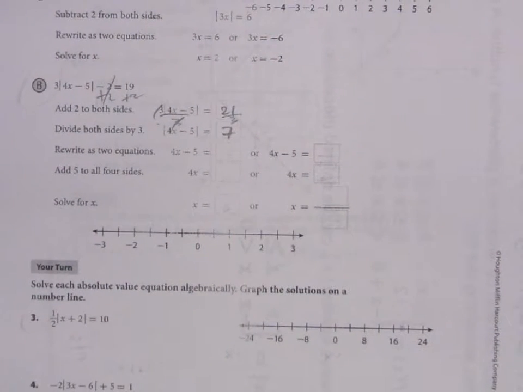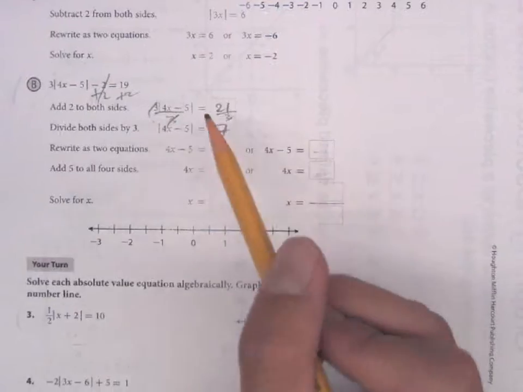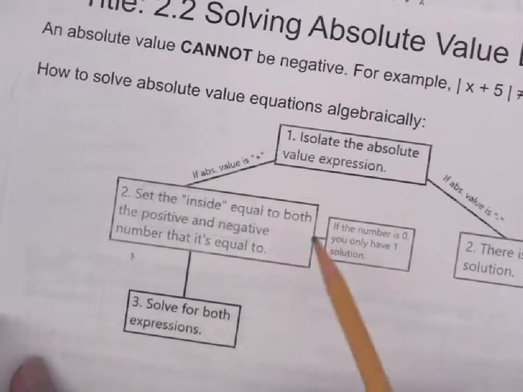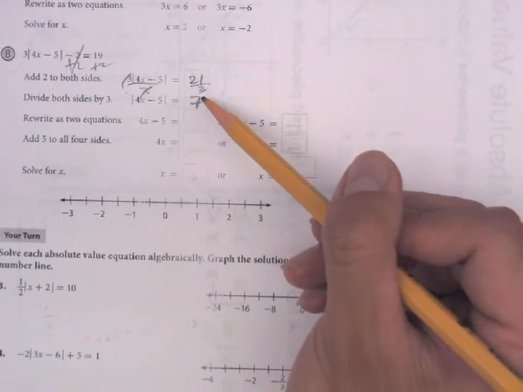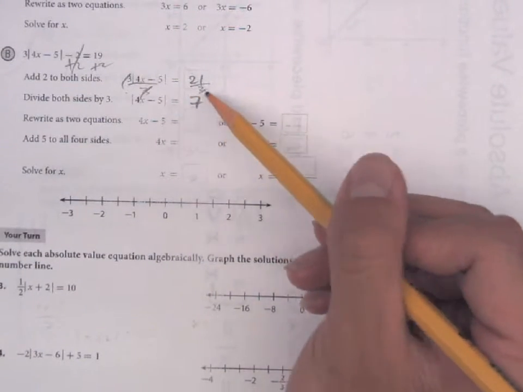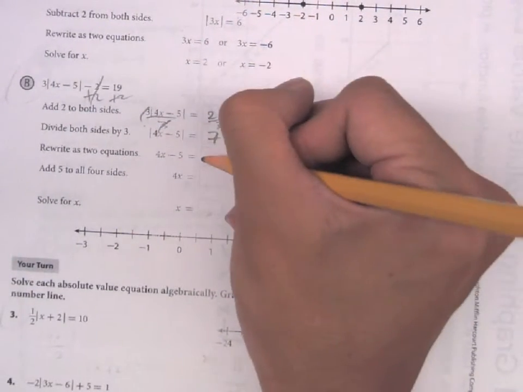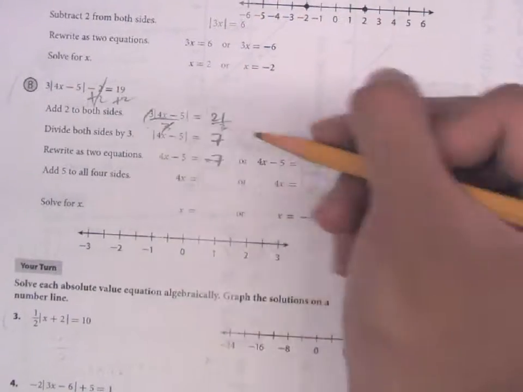Okay, rewrite as 2 equations. So if the absolute value is positive, you want to set the inside equal to the positive number that it is equal to and the negative number that it is equal to. So in this case, if this is -7, then this is going to spit out a positive 7.